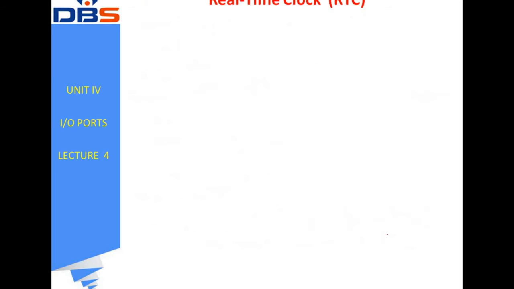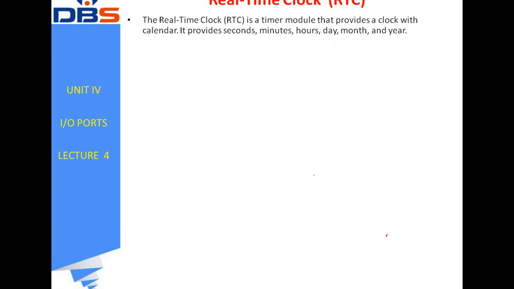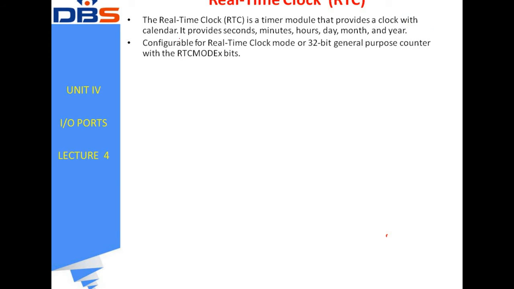So coming to the next one, real time clock. What is the real time clock? We have already seen it in our previous session. In real time clock we are going to provide a calendar. Real time clock is a timer module that provides a clock with calendar.